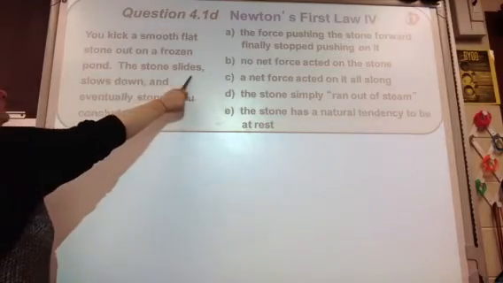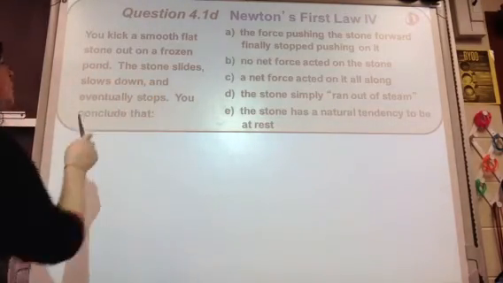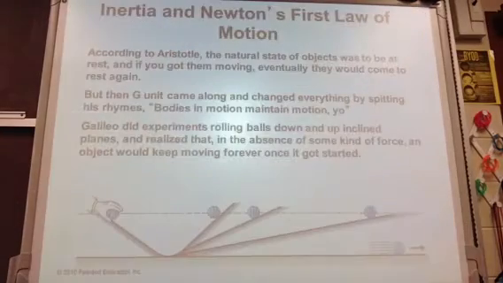And I know that because the stone was at rest, I kicked it, it slides, it slows down. So the fact that it's slowing down means that I still have some type of net force that has to be applied to it. And eventually it stops. So it stops because there's still a net force that is being applied to it. So I have to say that there's a net force that acted on it all the way along.